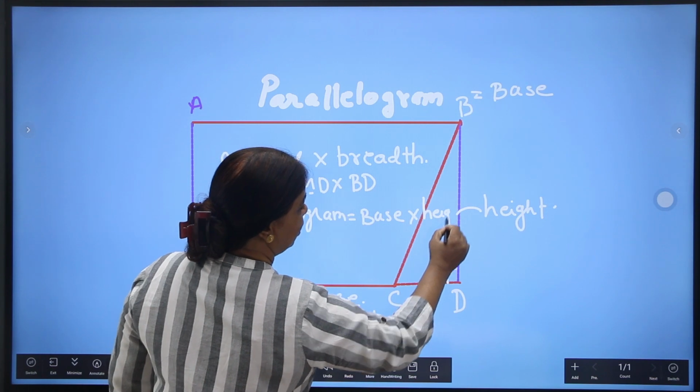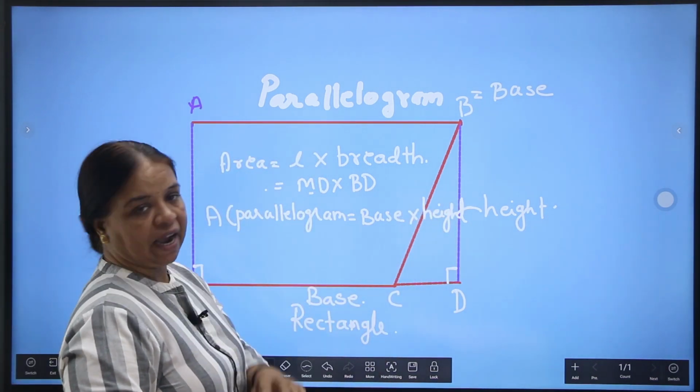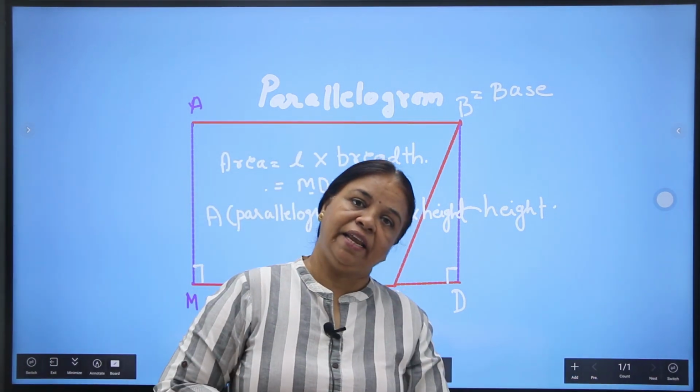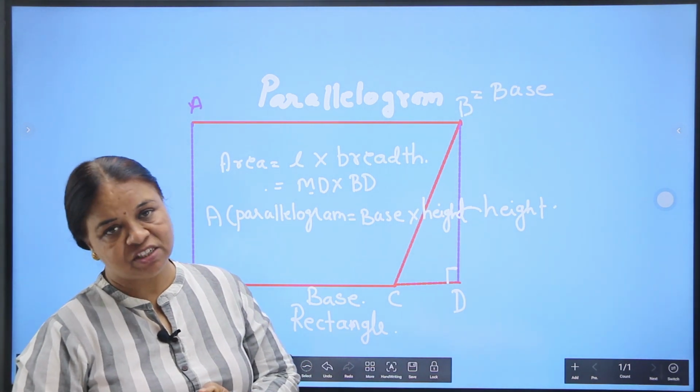So we got the formula of the parallelogram as base into height. So remember children, area of a parallelogram is base into height. Let's begin with the example children.